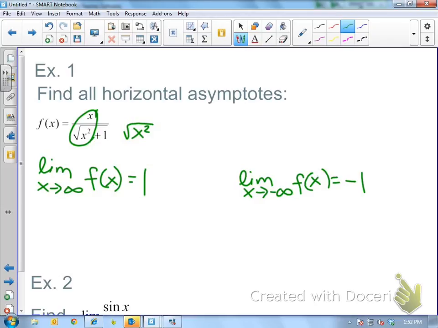We have 1 to 1. So if the degrees match, we knew a horizontal asymptote was formed by the coefficients here. Coefficient of 1 divided by coefficient of square root of 1. So can you see where we got both positive and negative 1? What if the degree of the numerator is bigger? What if this was x cubed over this?